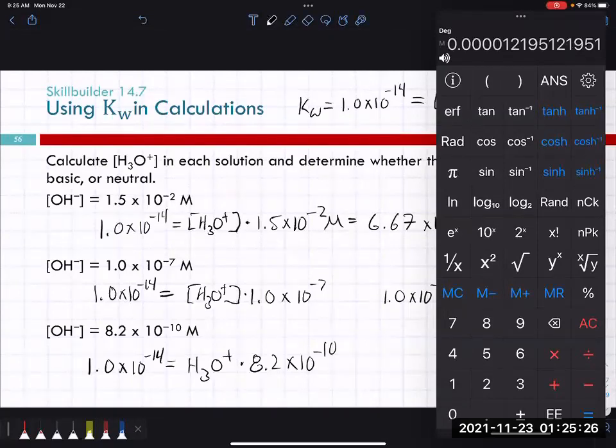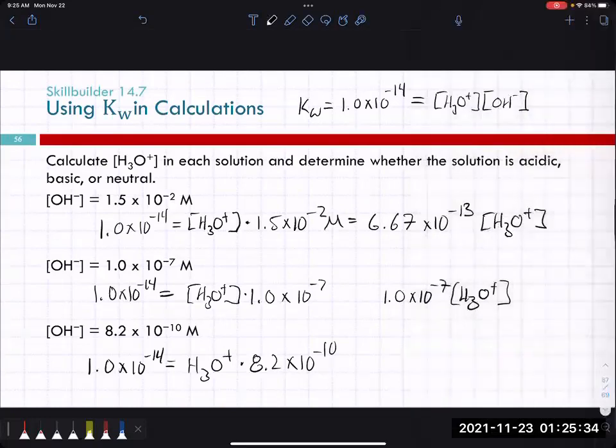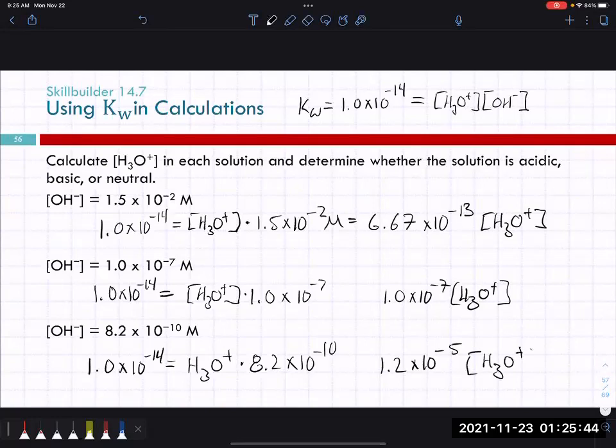Oh, couldn't you give it to me in scientific notation? It's 1, 2, 3, 4, 5. So 1.2 times 10 to the negative 5. Because this number is greater than times 10 to the negative 7, this would be acidic. Oh, I didn't write that for any of these.